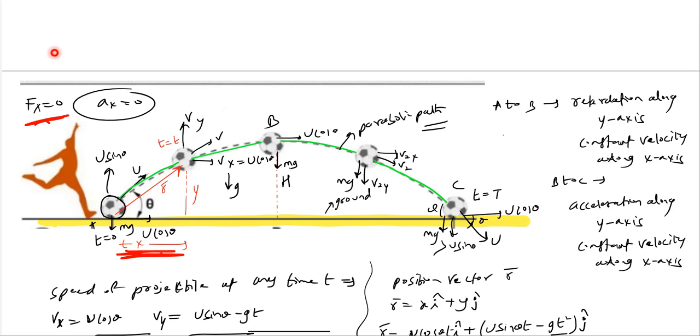So therefore, the horizontal component remains the same. Then when it moves from A to B, the vertical component decreases, the horizontal component remains the same. Then when it moves from the highest point to the point of striking, what should happen to the horizontal component? Again, it remains the same, whereas the vertical component keeps on decreasing.